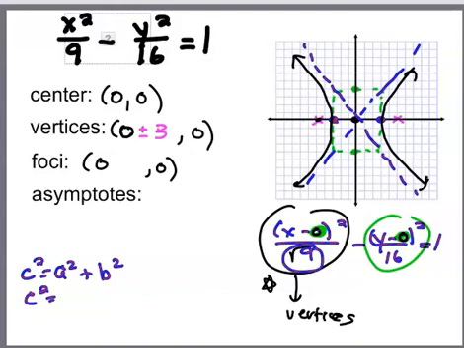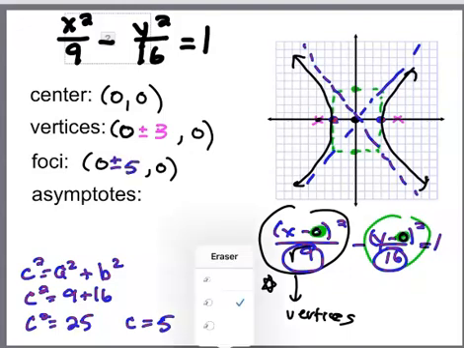Again, once I squared, it's just 9 plus 16. Not 3 squared plus 4 squared. That is 25. So if I take the square root of both sides, that is 5. So I'm adding and subtracting 5. So that's a little bit easier for us to see anyway. So from the center, I would go right 5 and left 5, and that's where the foci are.